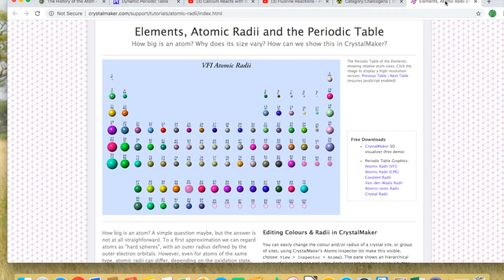What is the radius of each? And we see a pattern that you might not expect, because you might think, well, if these atoms of increasing atomic mass are bigger, surely the atoms involved are going to get bigger as atomic mass increases. But what you find is exactly the opposite. We find that the trend across a period is for the radius of the atom to decrease, not to increase.